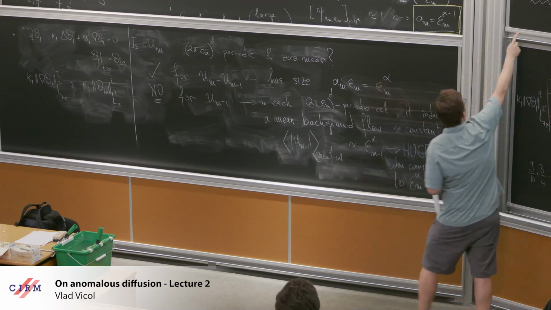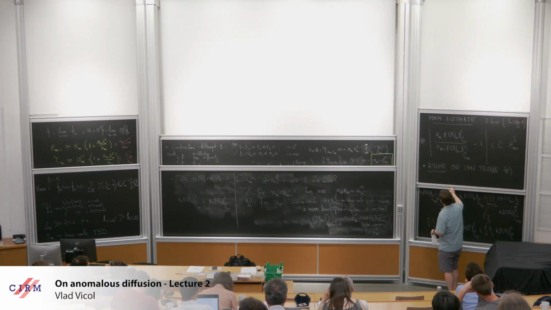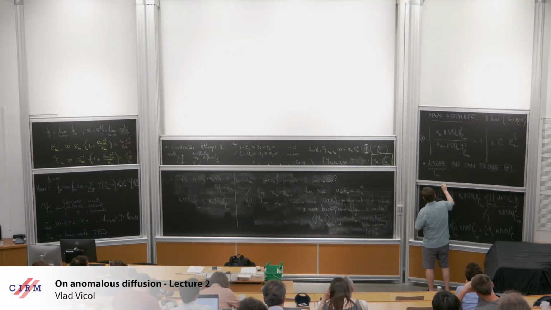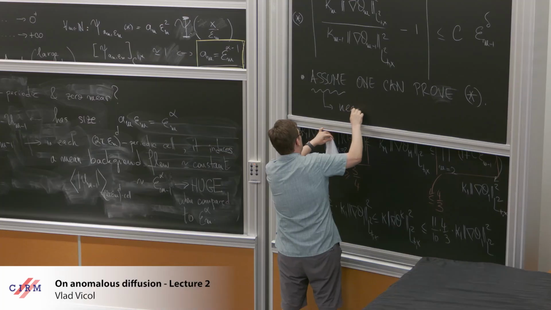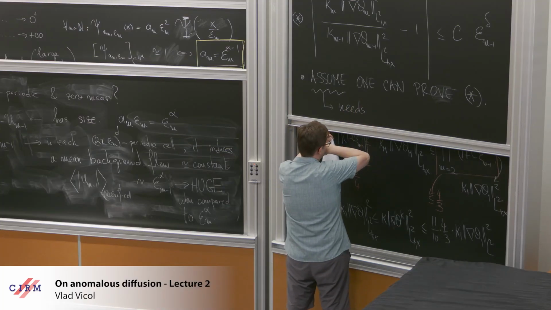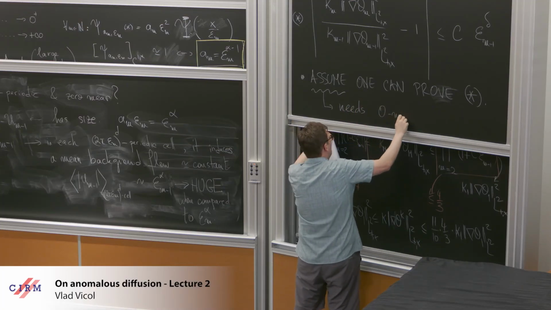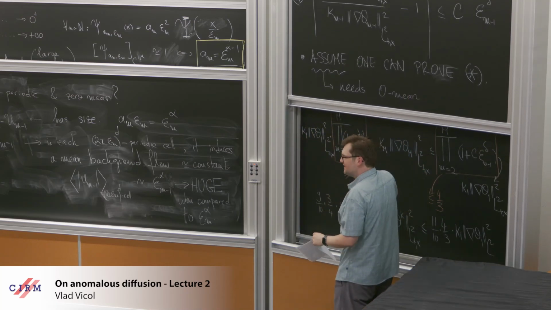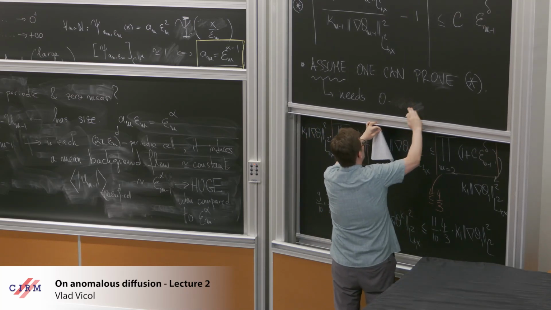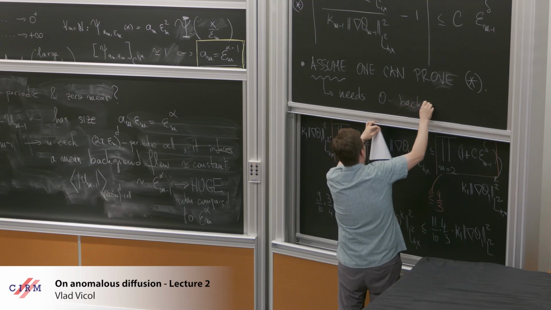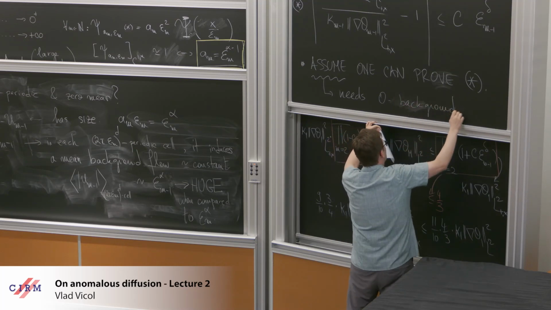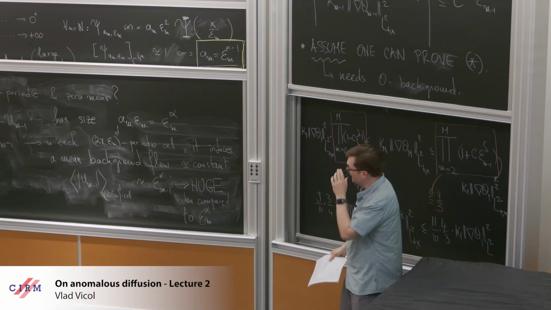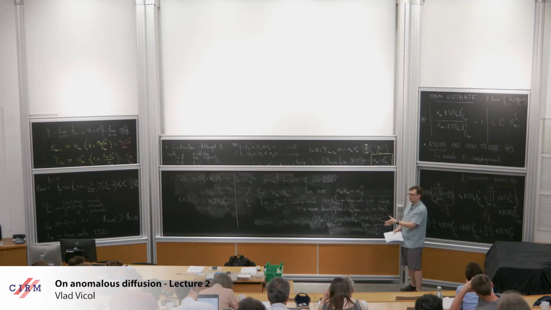So this whole story here needs a zero mean background. But a zero mean constant is the zero function, a zero background. Okay. So how can we get a zero background?